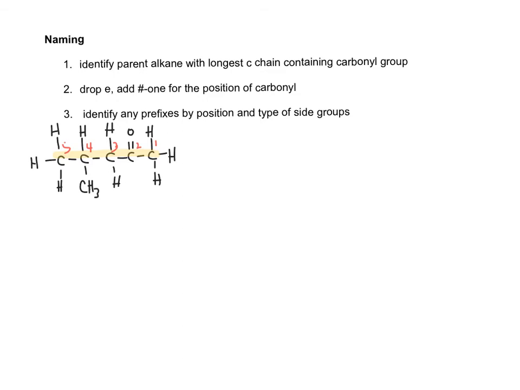Okay, so that means this is pentan-2-one. Now the side group is on carbon number 4, and it's a methyl group. So this is 4-methylpentan-2-one, or 4-methyl-2-pentanone.